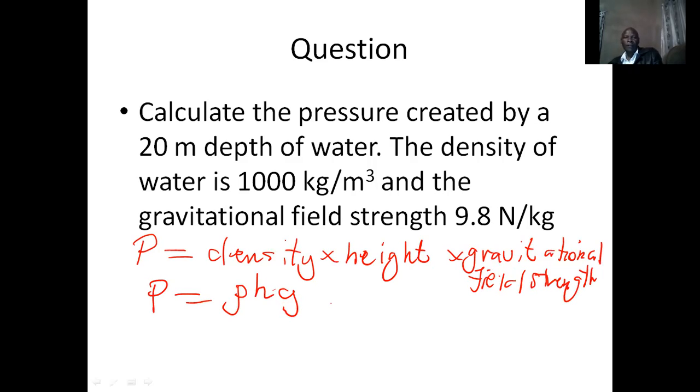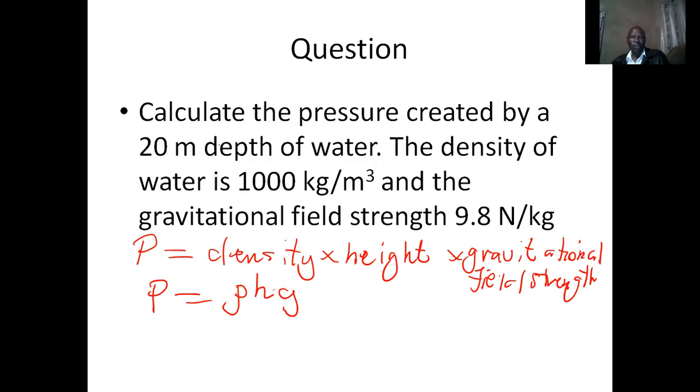And we have been given a few things here. From the data that we're given, it's given us 20 meters, and the density is given as 1,000 kilograms per cubic meter.